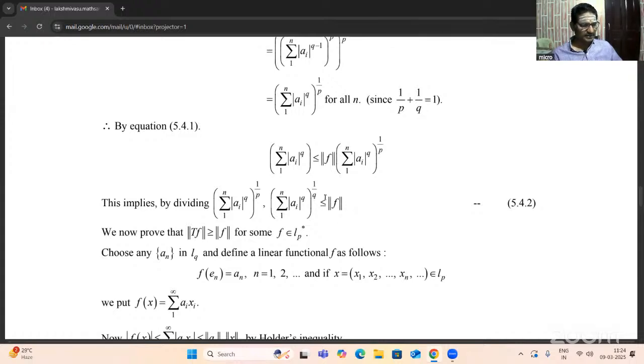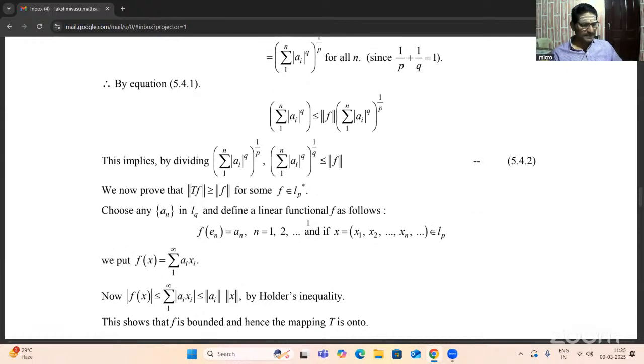So norm Tf is less than or equal to norm f. Already we know that norm f is less than or equal to norm Tf. From the first and second equation, f belongs to the conjugate space of Lp.